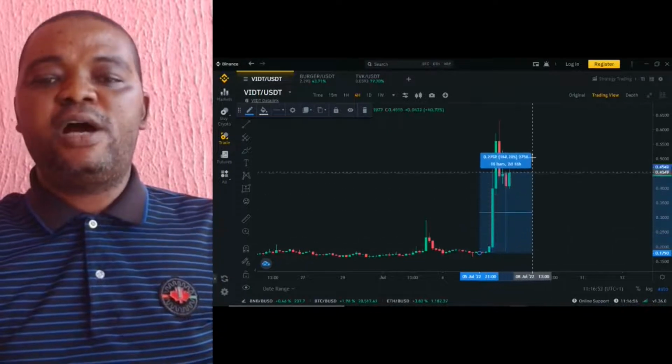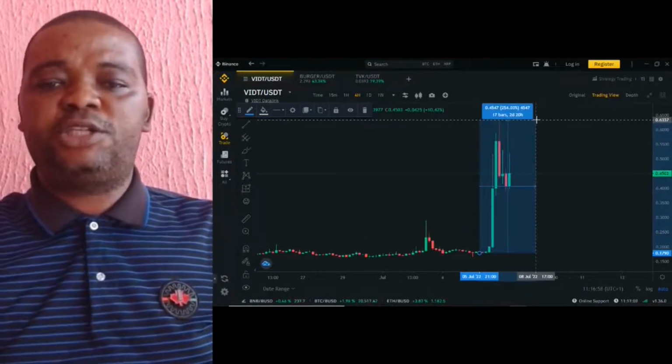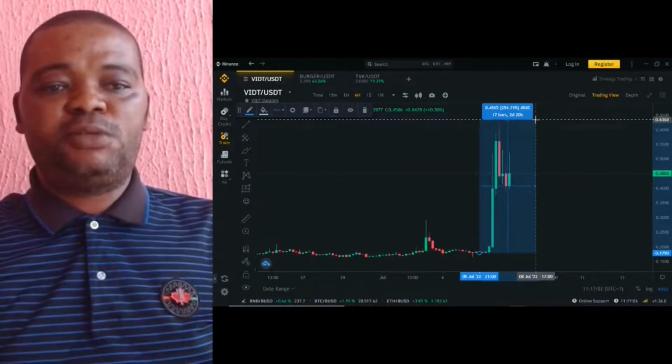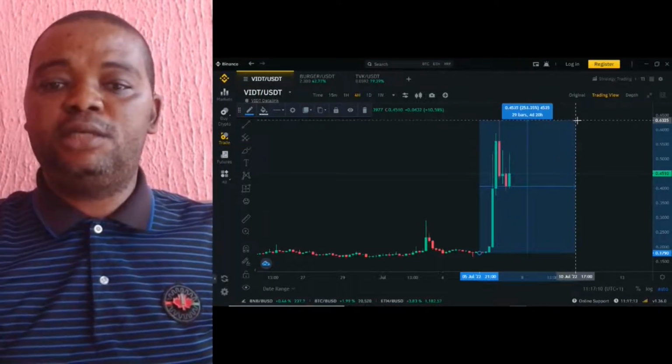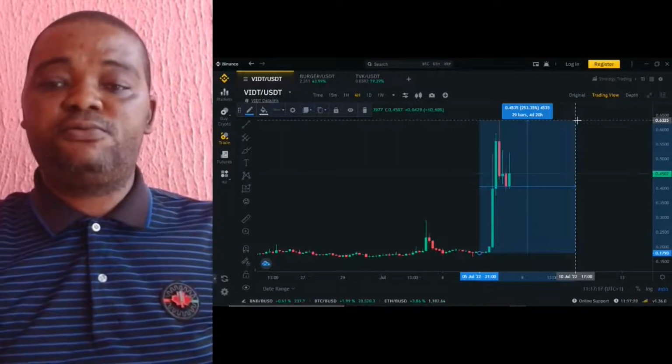So, as you can see on the candlestick price chart data, the most current bullish trend section of the VIDT USDT cryptocurrency pair bounced up by approximately 253%, which is amazing bounce.